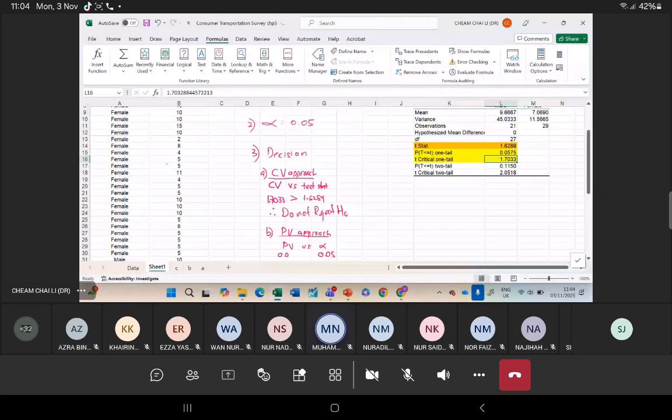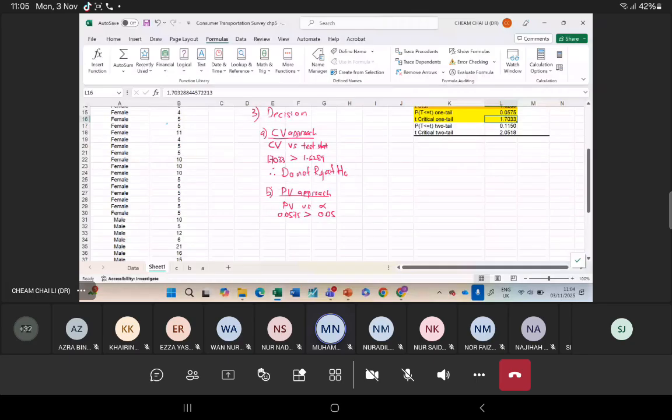So p-value is also slightly larger than the alpha, right? So you should have the same decision, right? So do not reject H0. Ya, keadaan ini maksudnya do not reject H0.